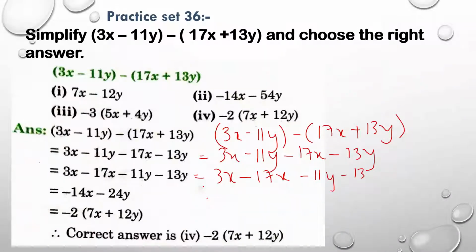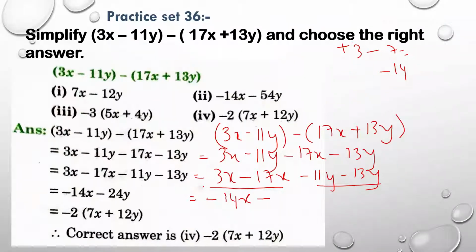You have to solve the sum now. Now 3x minus 17x is what? Minus 3 plus 3, and so minus 3 and minus 17 is what? Minus 14. So minus 14x.